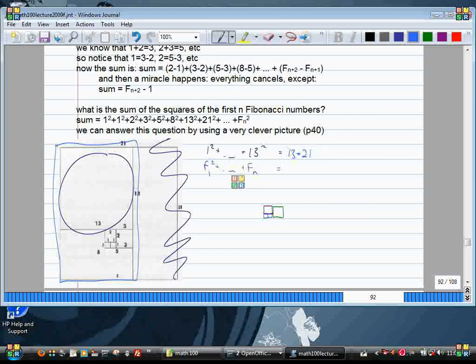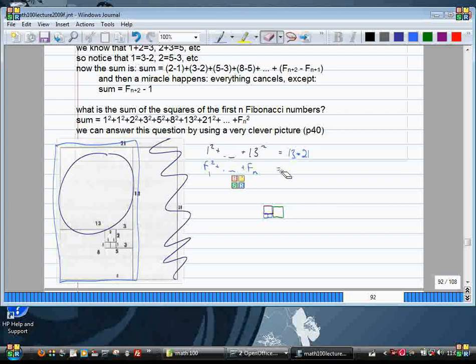There's no square there. What is 13? Right, or in general. You're quite right.